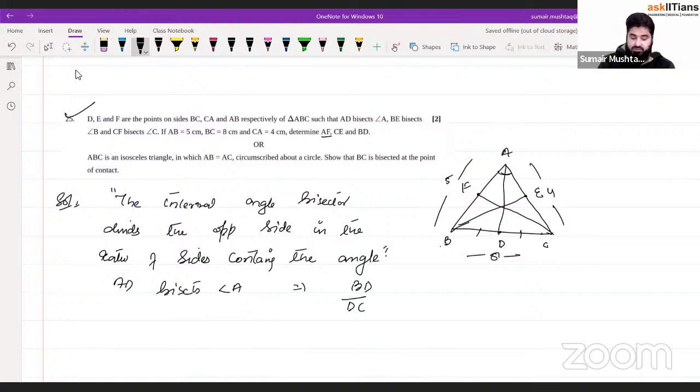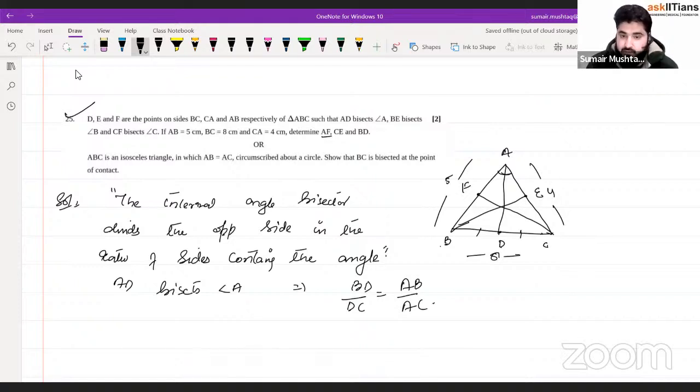That will be equal to AB over AC, because this angle A is contained by AB and AC. Is that clear?